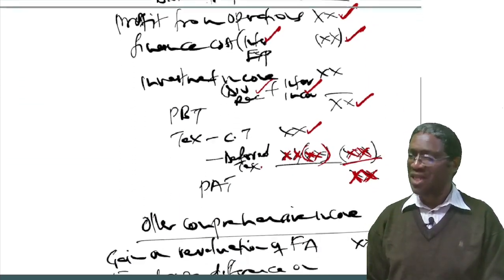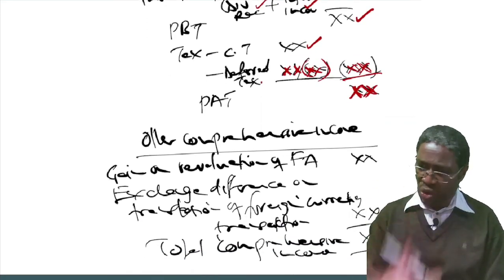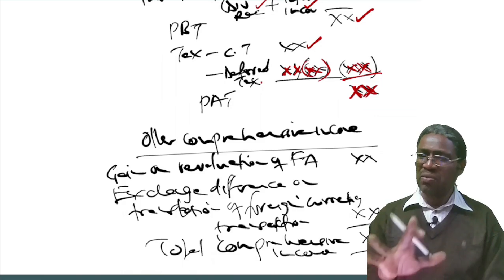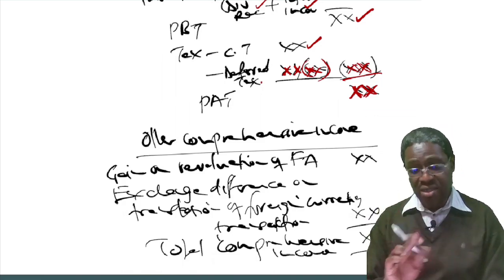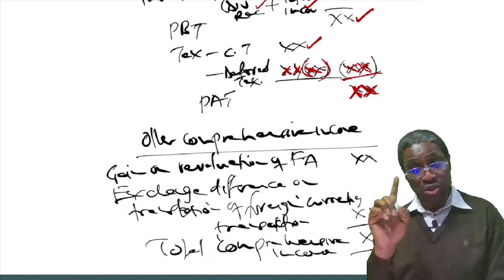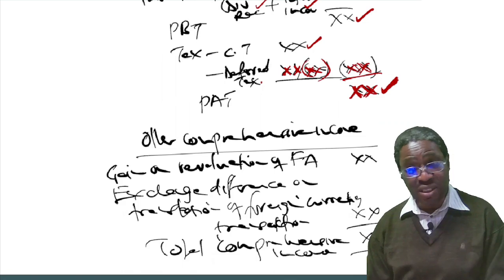Listen, then I told you, when a question tells you required, A, prepare an income statement, it means you will stop after getting this figure we are calling profit after tax.